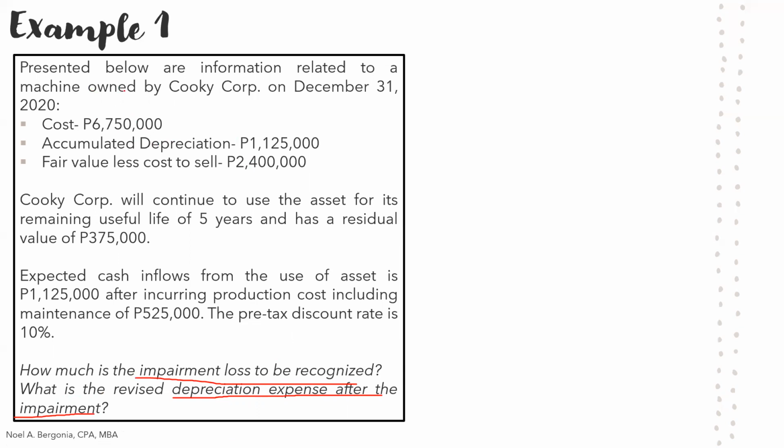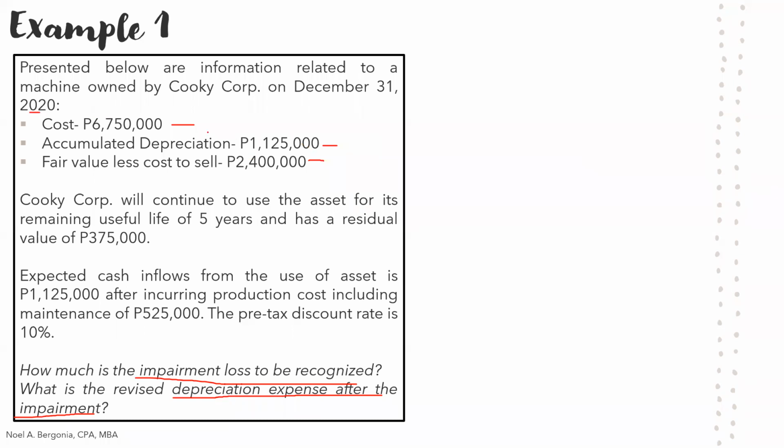Presented below is the information related to a machine owned by Cookie Corporation on December 31, 2020. We have the cost of 6,750,000. The accumulated depreciation was 1,125,000. And given na po yung fair value less cost to sell.